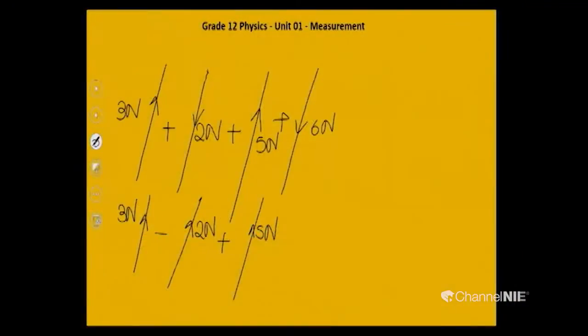Again here you can see all the arrowheads you have to take in the same direction. Therefore, we have to add an extra minus sign to change the direction of the arrowhead. Then you can see minus this direction 6 newtons.